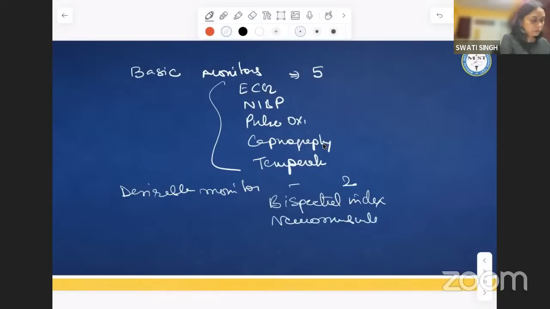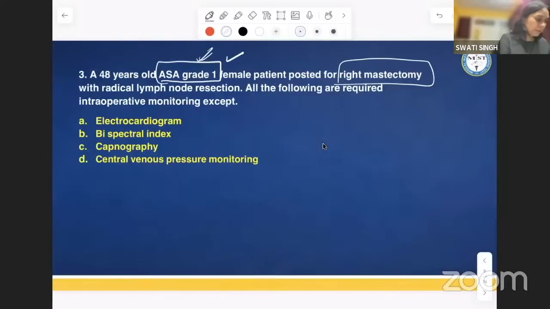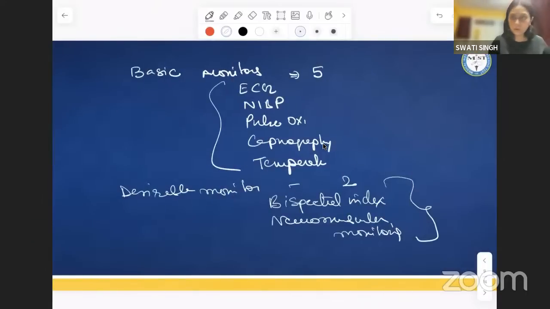neuromuscular monitoring. Okay. If we give our patient general anesthesia, right, then we try to put these two desirable monitors also.